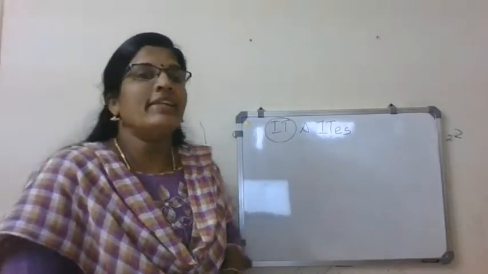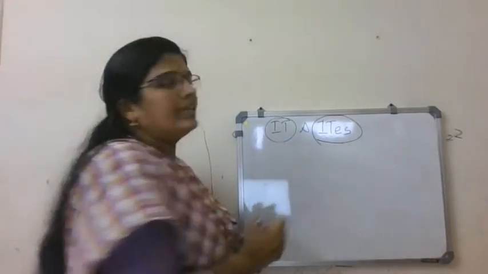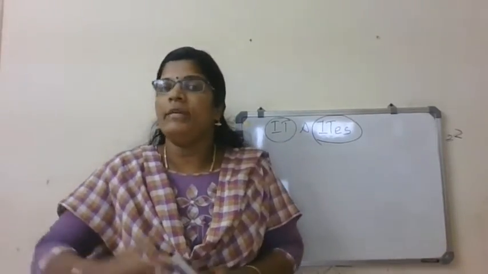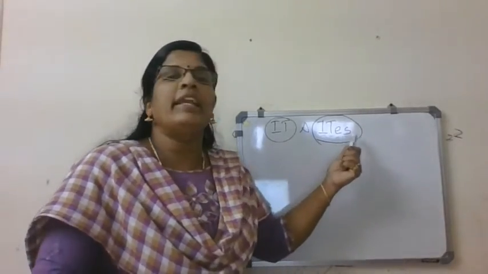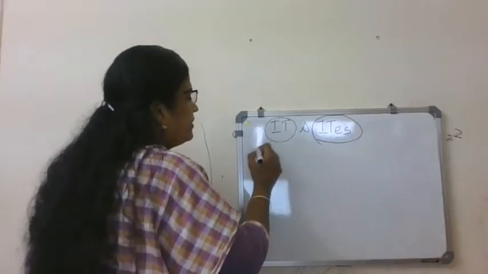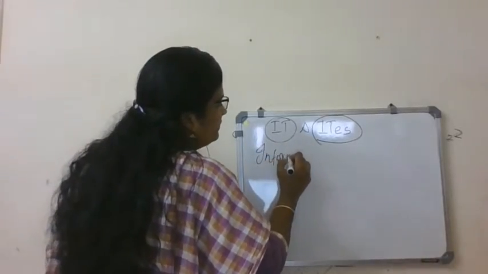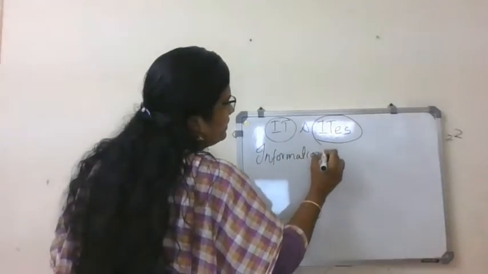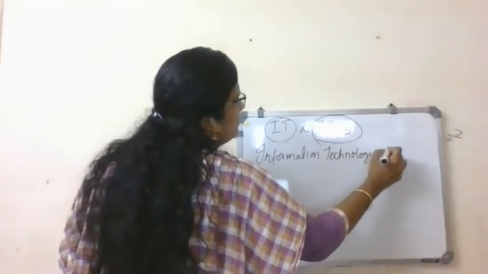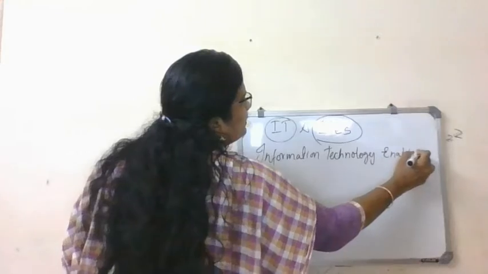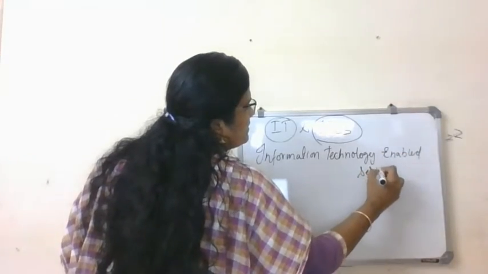Okay, now let's see what this ITES is. As I said, ITES means information technology enabled services. E means enabled, S means services. So it is information technology enabled services.